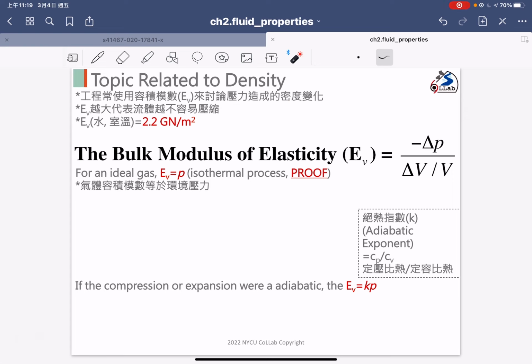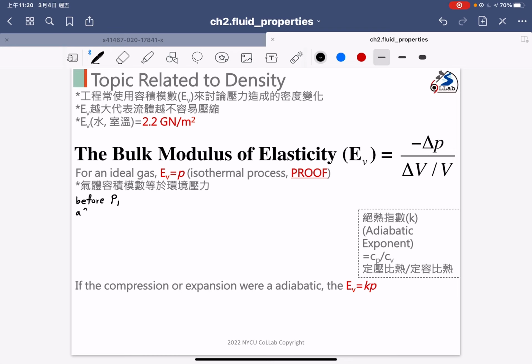So this is also a topic related to the density. And we introduce the bulk modulus and the equation that defines the bulk modulus. The delta P, what is the delta P? Before, this is the before pressure, and before pressure we call that P1.